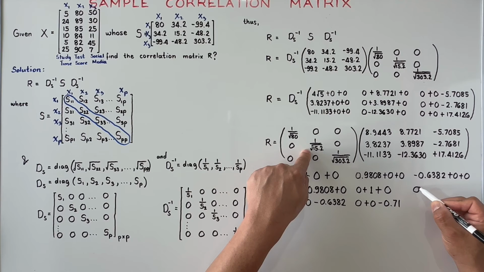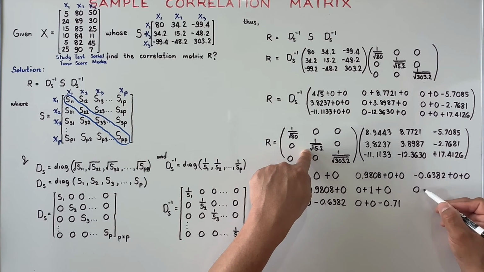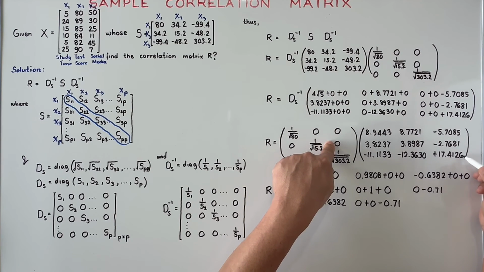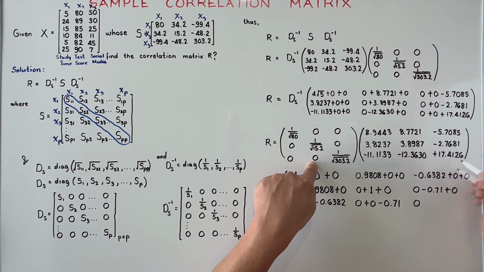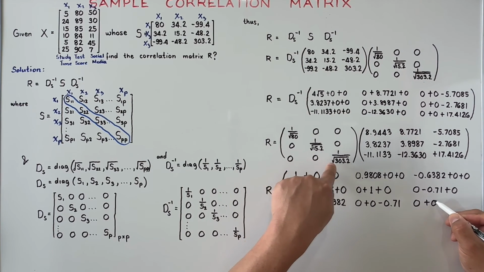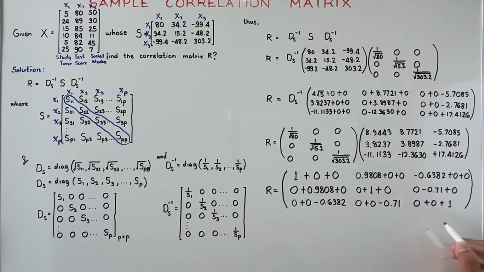And then 1 over the square root of 15.2 times negative 2.7681, the product is negative 0.71. But 0 times this number, that's 0. Also 0 times this number, 0. 0 times this number, that's 0. But 1 over the square root of 303.2 times positive 17.4126, the product is positive 1. So this is our product matrix.